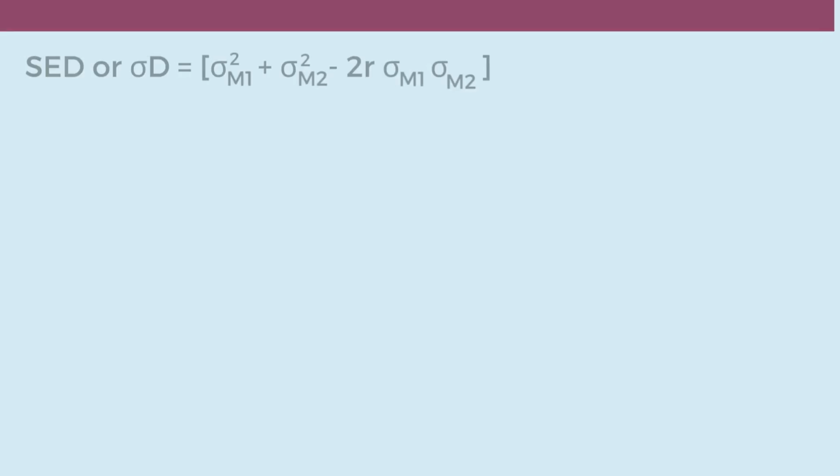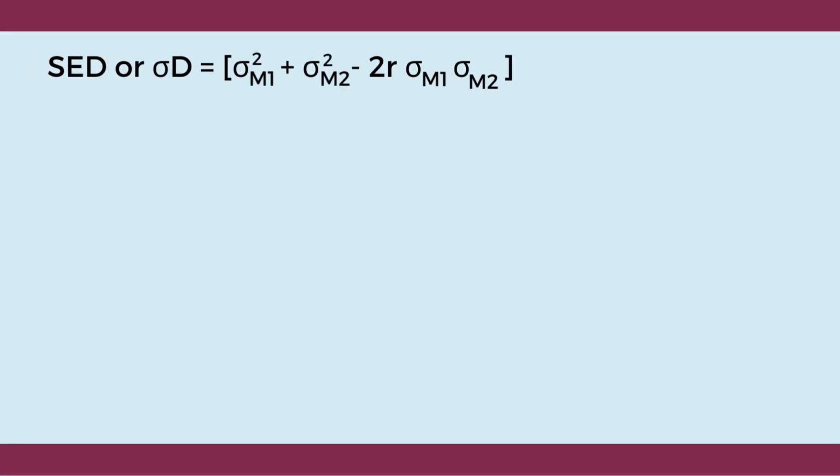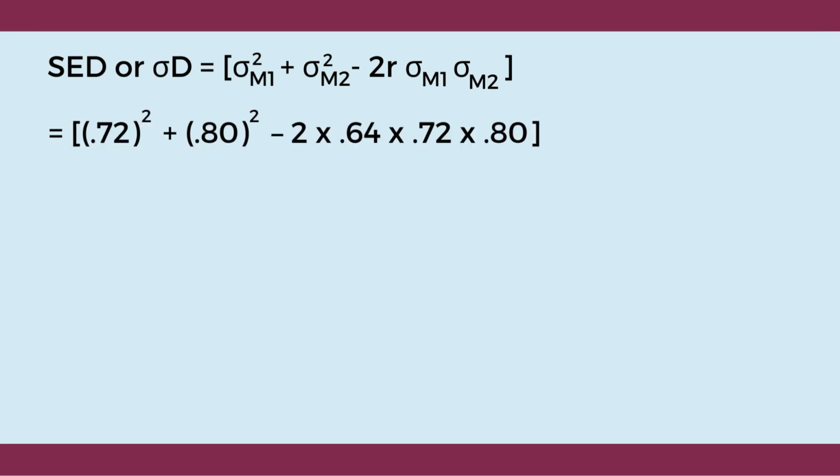When we put all these values into the formula for the single group method, we are going to get the results like this. The standard error of difference, or sigma d, is equal to the square root of 0.72 squared plus 0.80 squared minus 2 into 0.64 into 0.72 into 0.80, that is equivalent to 0.42.